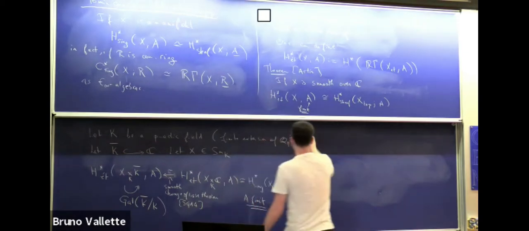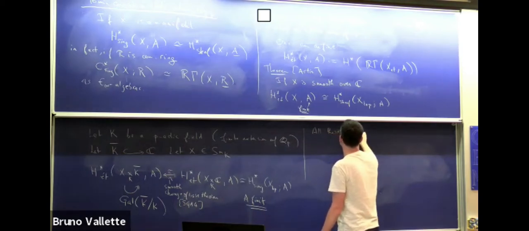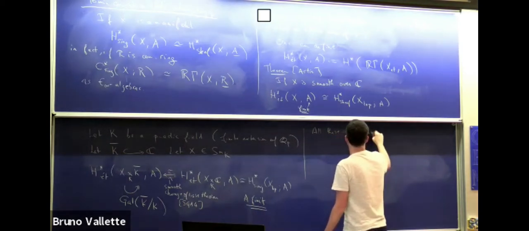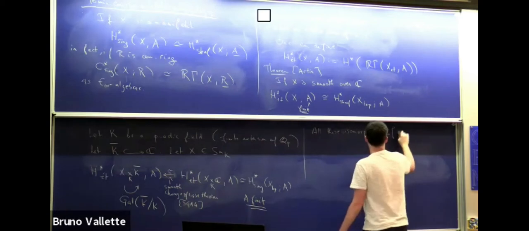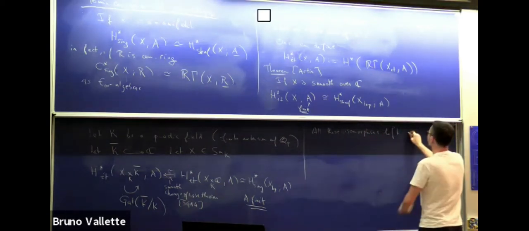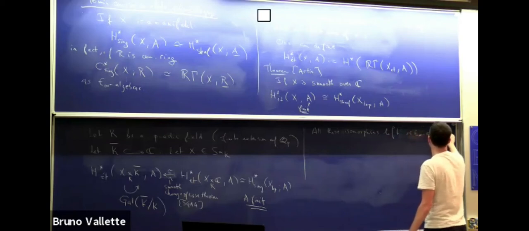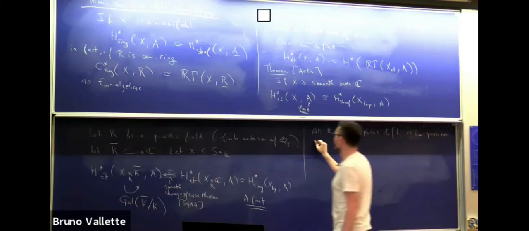One thing I should say is that all these maps, all these isomorphisms, lift at the cochain level, as an infinity quasi-isomorphism at the cochain level.